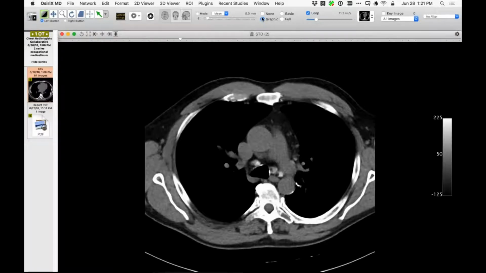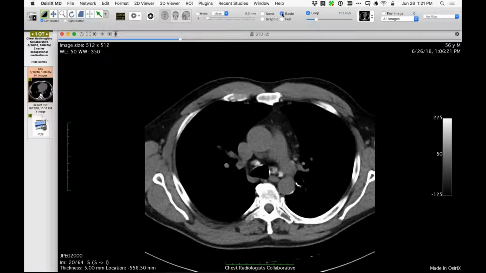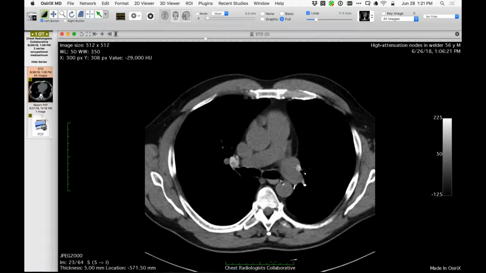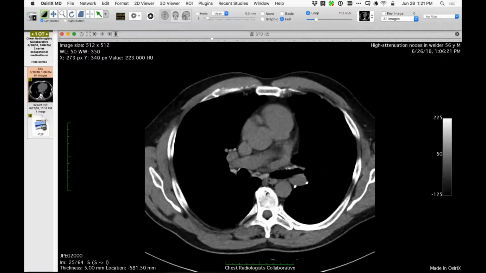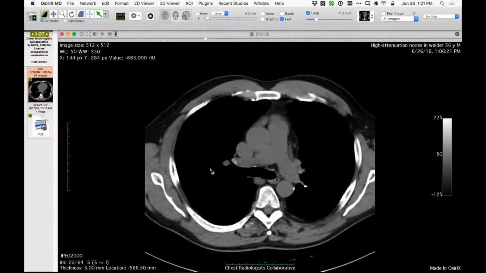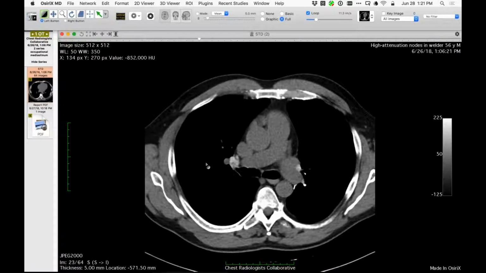So if I were to do this, maybe I'll just bring this up over here and put a cursor there. There we have 172 Hounsfield units. And here we have 115. They're around 98. But just looking at them, they're very attenuating nodes.